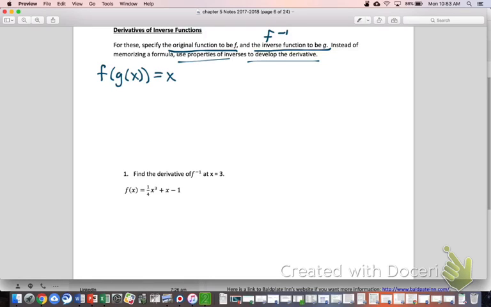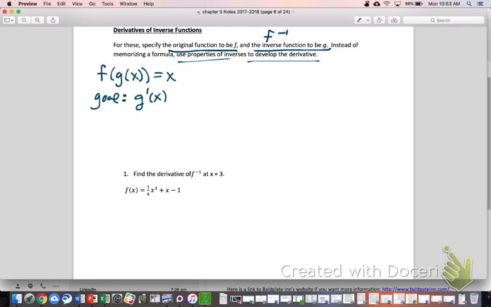Okay, so f of g of x is equal to x. The goal here is to find the derivative of the inverse, and we've defined the inverse to be g, so our goal is to find g prime of x. Make sense? Our goal is to find g prime of x, since we've defined g to be the inverse of f. The goal is to find the derivative of g.